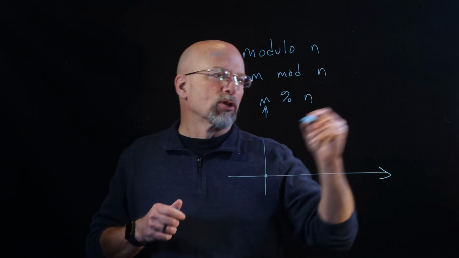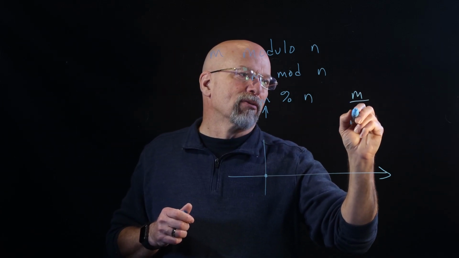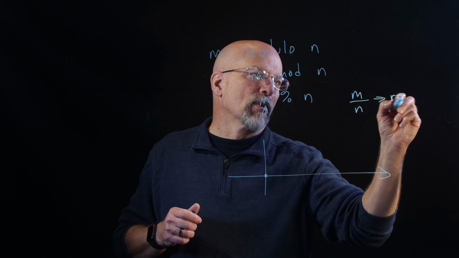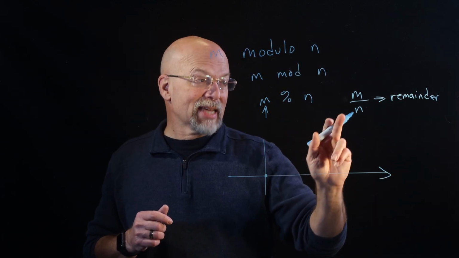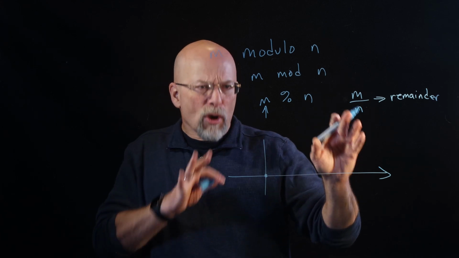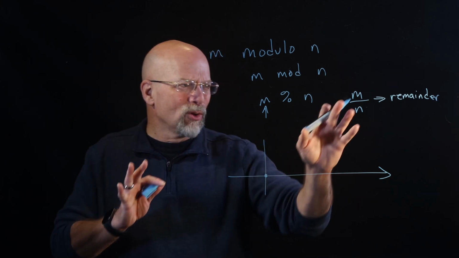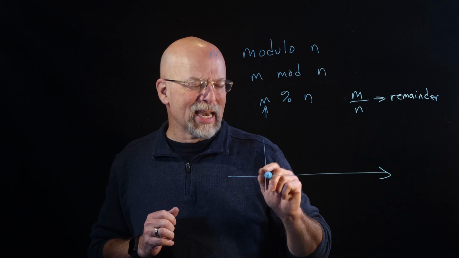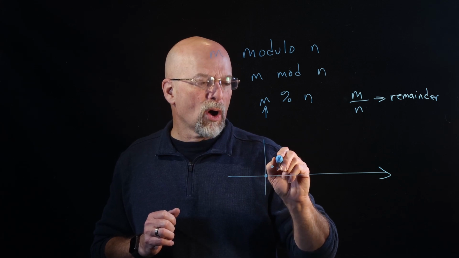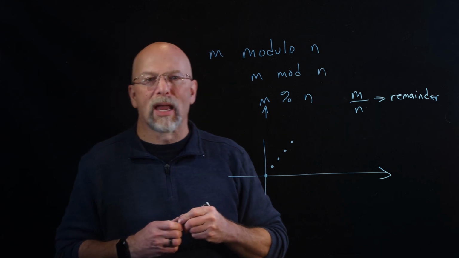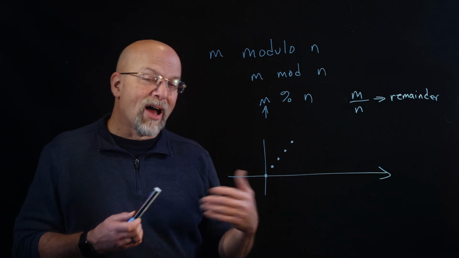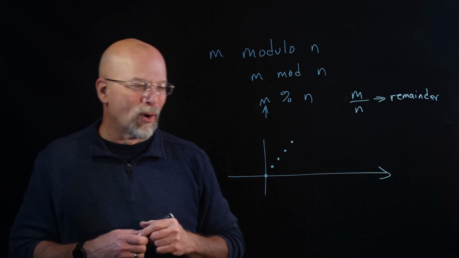In other words, m divided by n generates a remainder. As long as m is less than n, then no matter what the value of m is, it is always going to be exactly equal to the remainder. For example, 4 divided by 5 gives you a remainder of 4, all right?